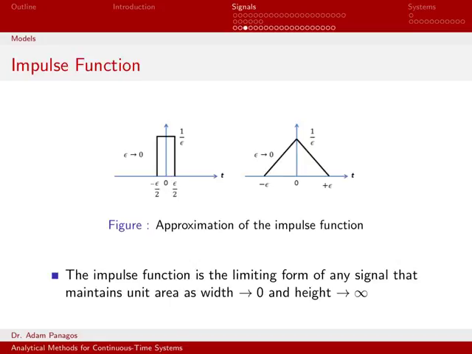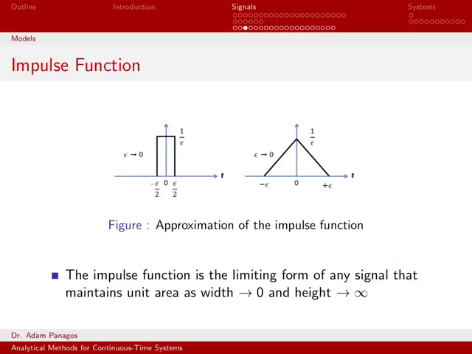In the limiting form, we let epsilon get smaller and smaller and smaller. We let it go to 0. So you can see what happens as epsilon gets smaller and smaller. As epsilon gets smaller and smaller, 1 over epsilon gets bigger and bigger. So the height of this rectangle grows as epsilon gets small. And the width of this rectangle, its total width is epsilon, so its width is getting smaller and smaller.